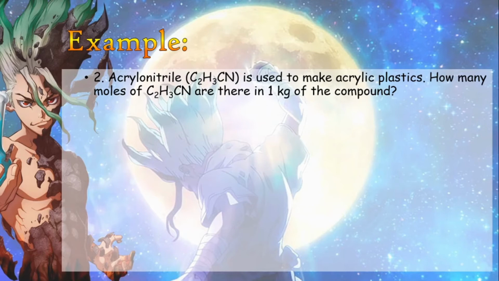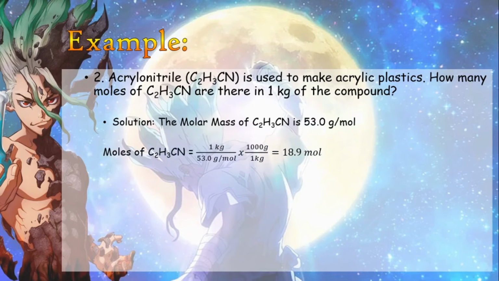Next sample. Acrylonitrile. Acrylonitrile is used to make acrylic plastics. How many moles of acrylonitrile are there in 1 kilogram of compound? Solution: the molar mass of acrylonitrile is 53 grams per mole.